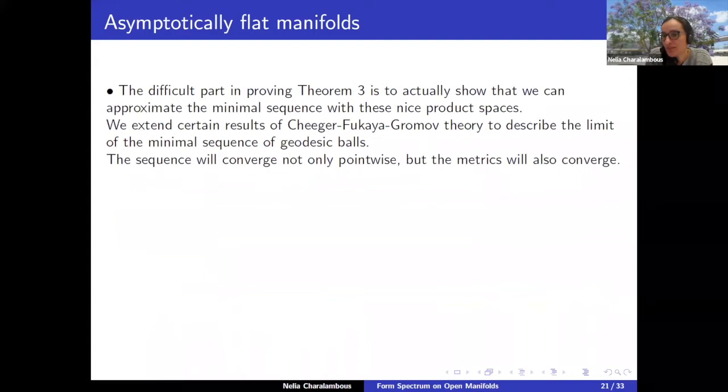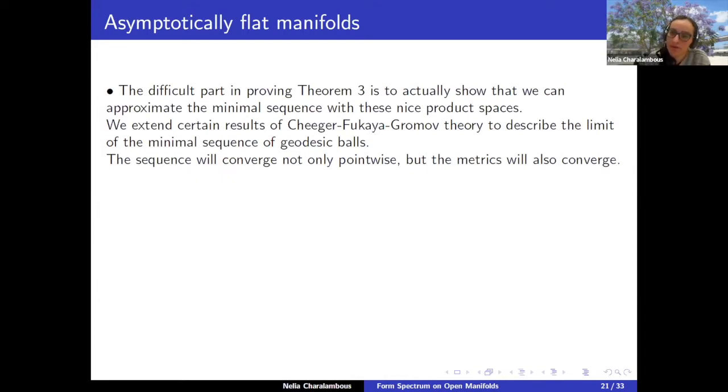However, the difficult part in proving theorem 3 was actually showing that we can approximate our minimal sequence with these very nice product spaces. And the way we did that was by extending certain results of Cheeger-Fukaya-Gromov to describe how the minimal sequence behaves under Gromov-Hausdorff convergence.